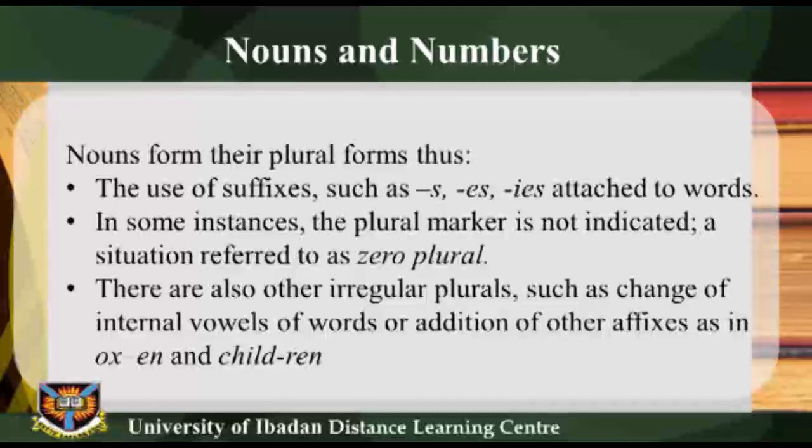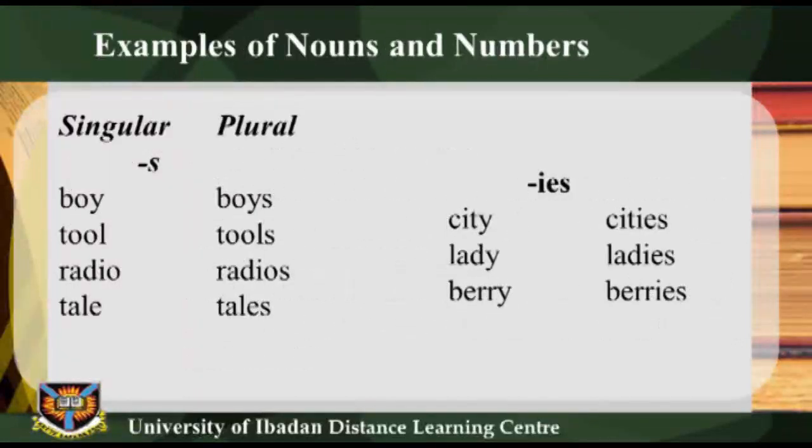In some instances, the plural maker is not indicated, a situation referred to as zero plural. There are also other irregular plurals, such as change of internal vowels of words or addition of other affixes, as in oxen and children. Here are some examples.